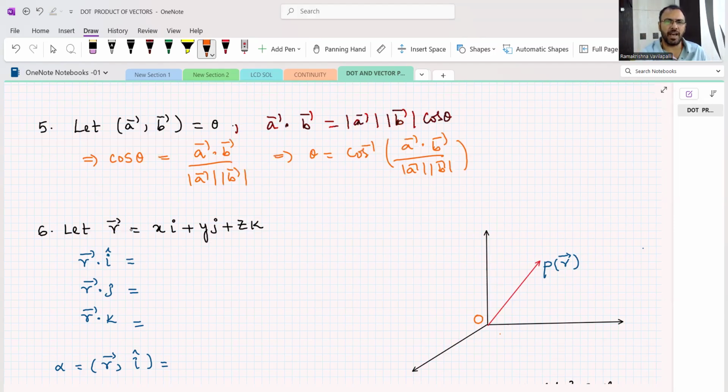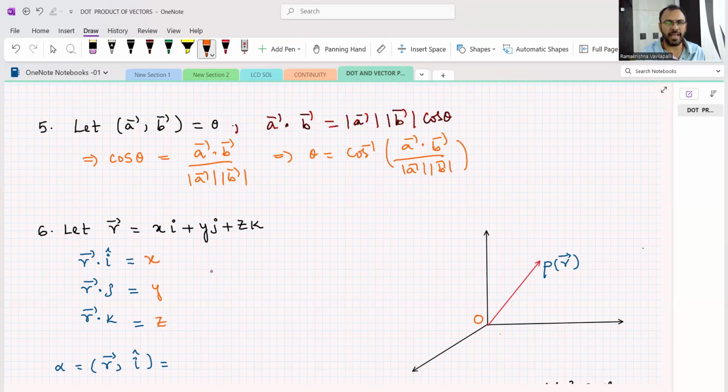Now the next point: if r bar equals xi plus yj plus zk, what is r bar dot i? R bar dot i equals x, since i dot i is 1, j dot i is 0 and k dot i is 0. What is r bar dot j? R bar dot j is equal to y, and r bar dot k equals z.